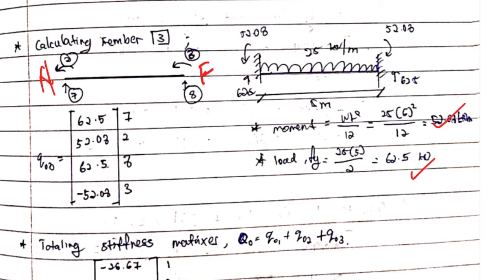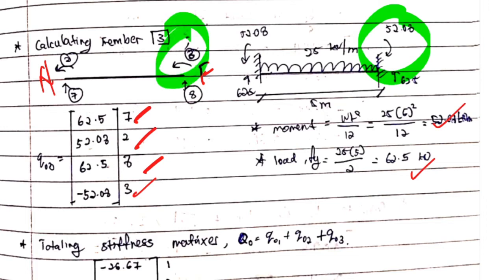For position number 7, it is 62.5. Position number 2 is positive 52.08. Position number 8 is 62.5. Position number 3 is negative because it is opposite with the sign convention, so we must put negative.